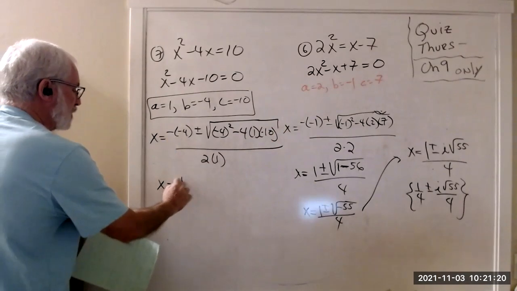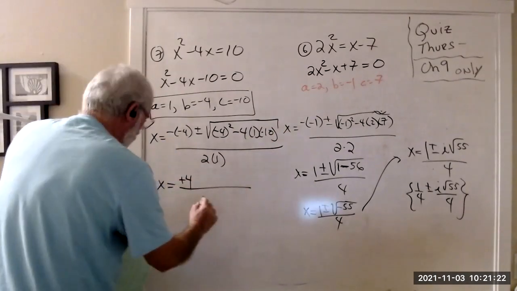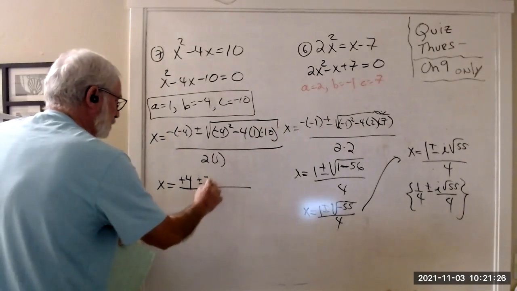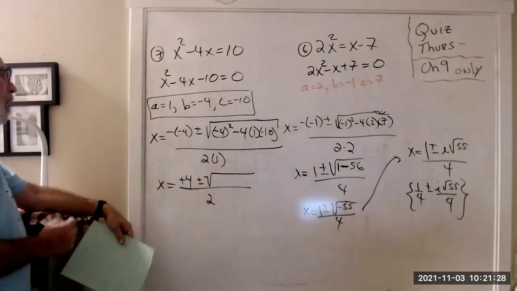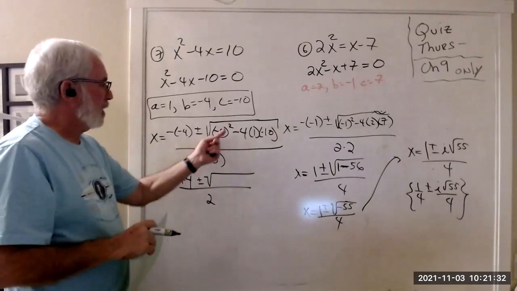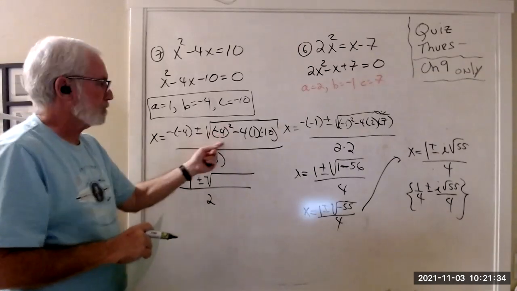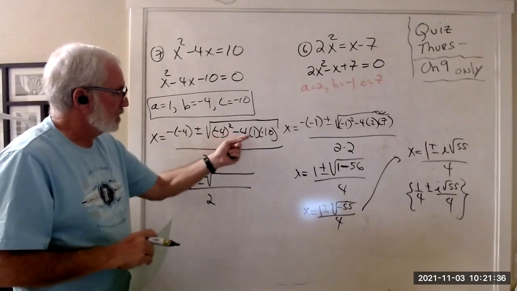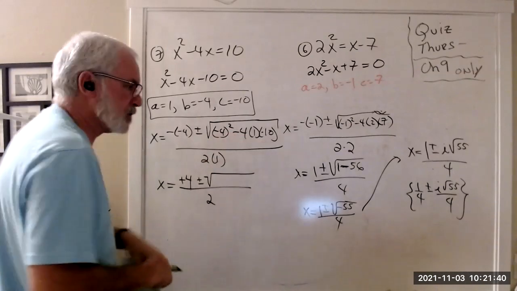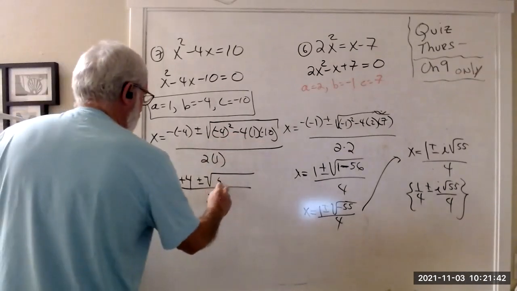So negative is +4, plus or minus something, divided by 2. Okay. So 4 squared is 16 minus -40. Minus is plus, so this is 56.